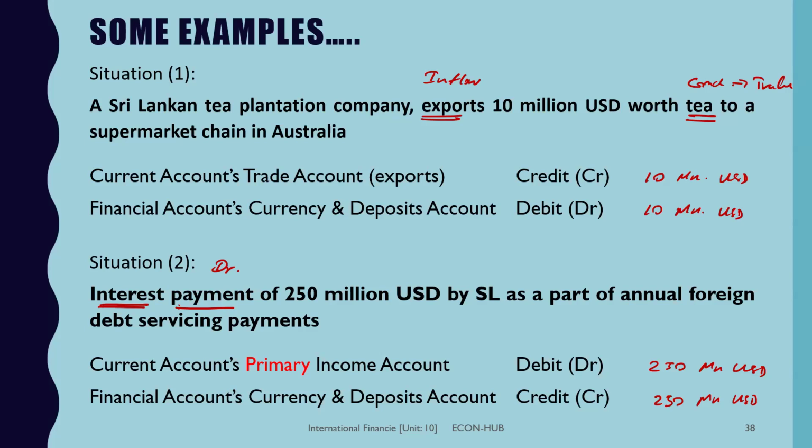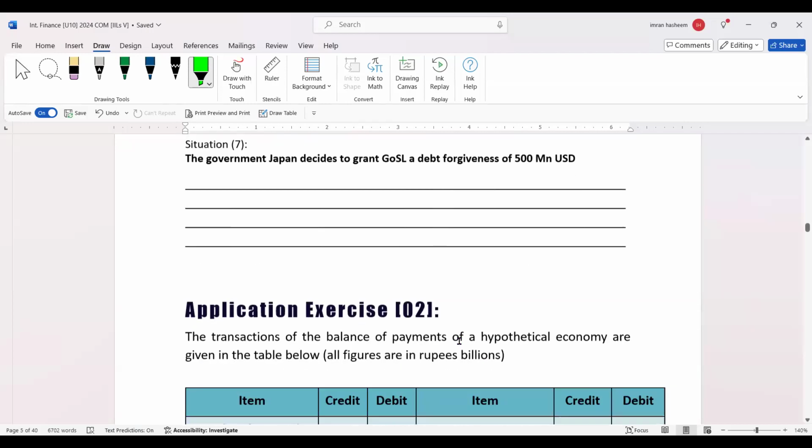So I said 4, 5 and 7. Not that the others are not important, but I'm interested to know how you do these, right? Okay. Application exercise 2. I'm going to give guidance so that you can practice this and apply yourself. We'll check the answers definitely by next week. I have the answers done up already.